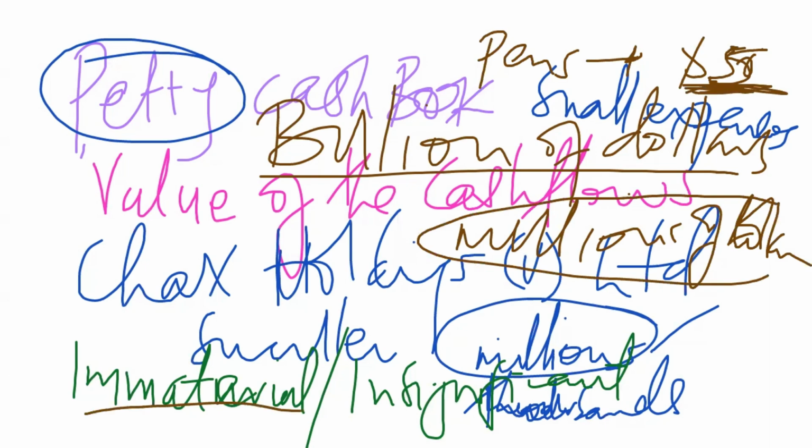Immaterial means that the amount can easily be ignored, and even when it is ignored, there is no big impact. So in auditing, we look at what we call figures being material. A material figure is one that can change a profit into a loss.